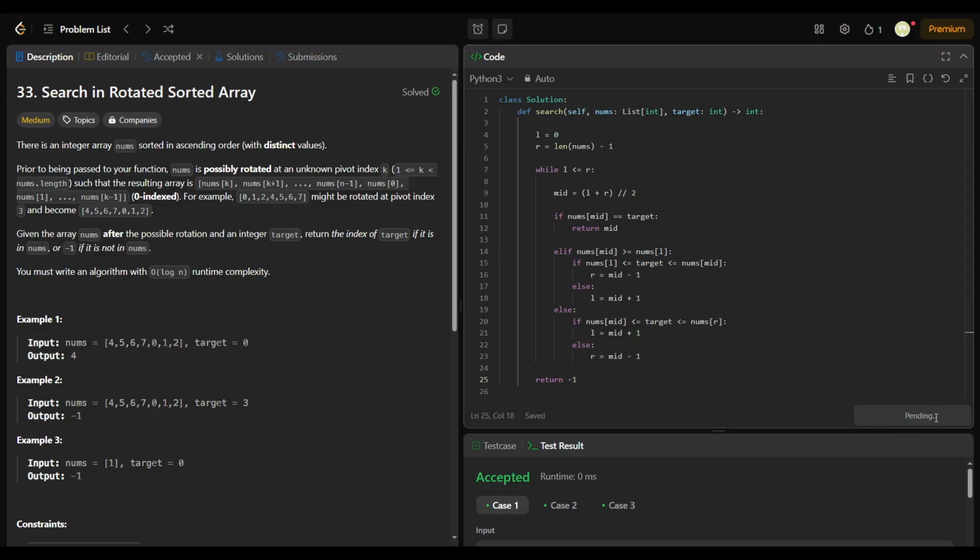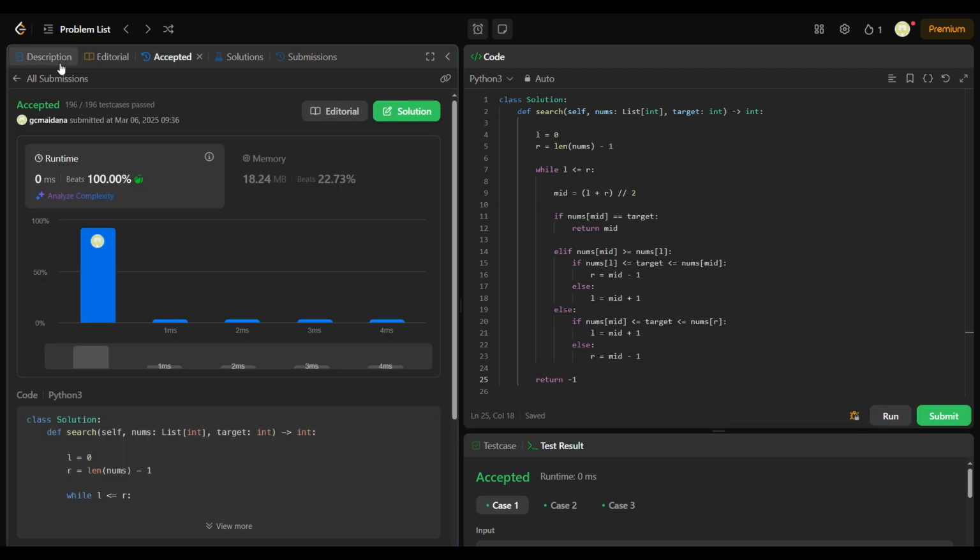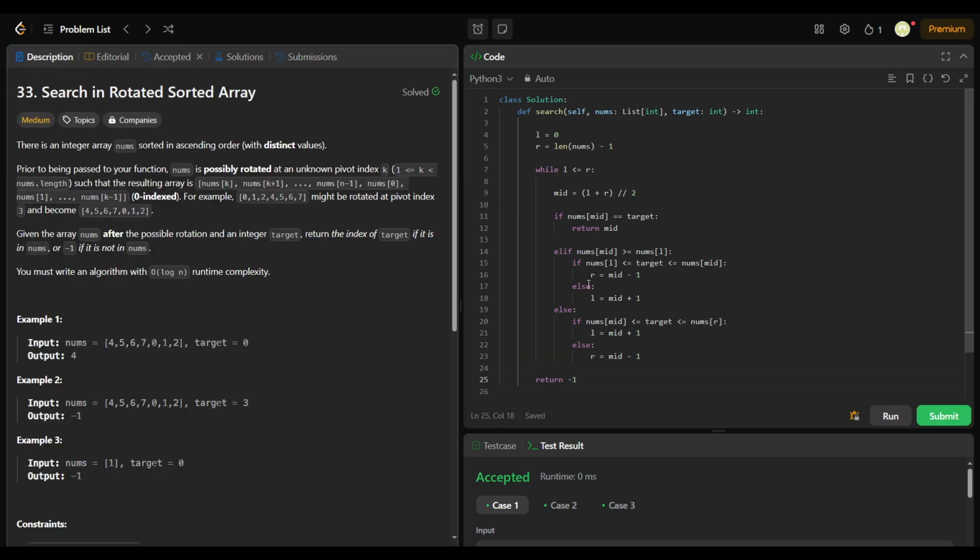But this problem is a tiny bit hard, honestly, to come up with on your own. The binary search, because you have a lot of conditions to check, but you're basically checking if it's sorted between the midpoint and left pointer. And if it is, let's check that boundary. Otherwise, let's check the mid and the right section, because that should be sorted, right?